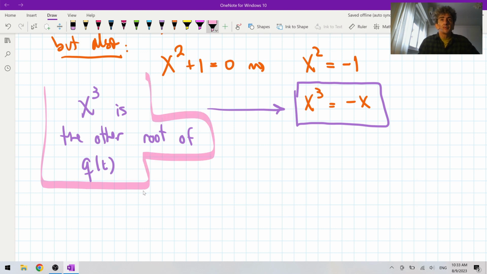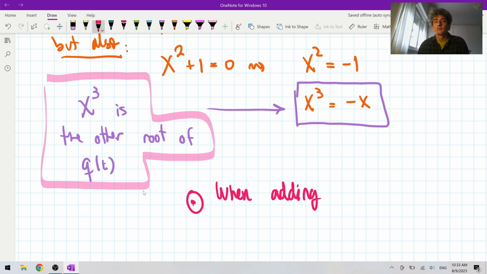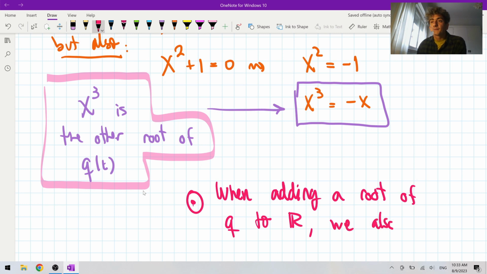So this is a very important fact. When adding a root of q to our base field, to R, we also added the other.